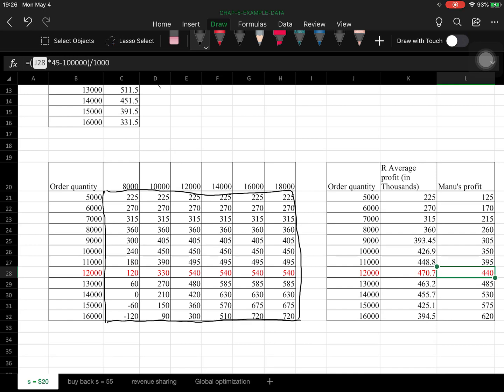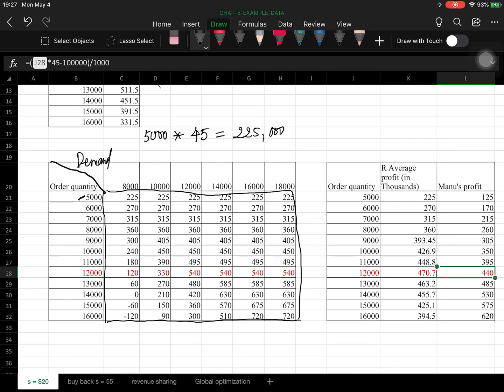So when the retailer orders 5,000, but the real demand here is 8,000, it means they will lack products to sell to the customer. So the profit they gain will be equal to 5,000 multiplied by the marginal profit, that is 45, right? And it's equal to 225,000.